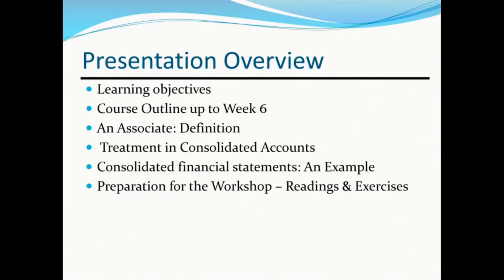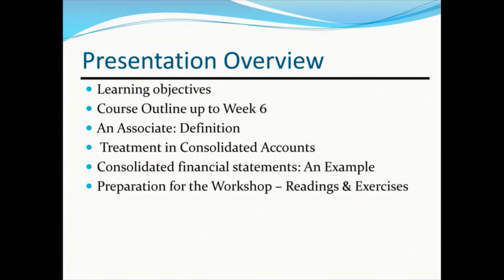So the presentation that we are having today includes learning objectives, which means the main learning outcomes that we need to achieve by the end of today's lecture, and then outlining the course from week 1 up to week 6. And then we'll start to introduce the associate, starting with the definition, and then we'll move to the accounting treatment in consolidated accounts.